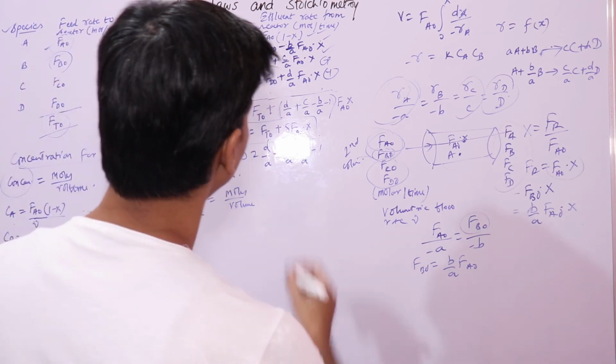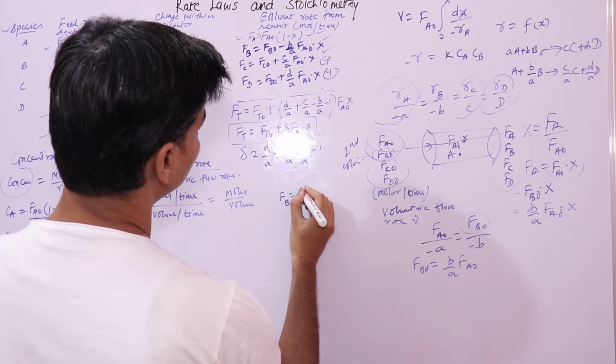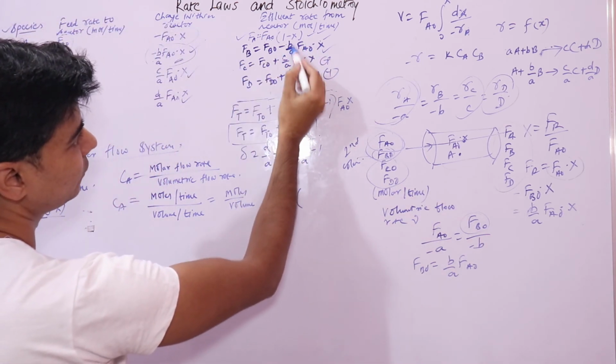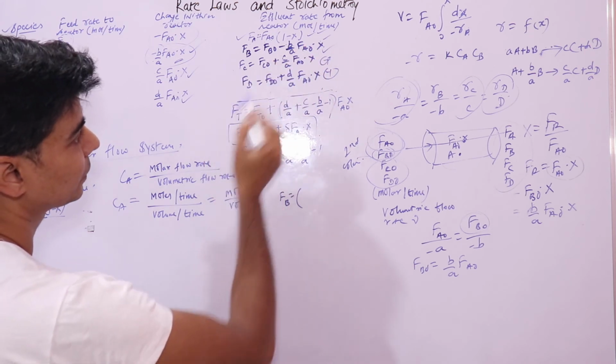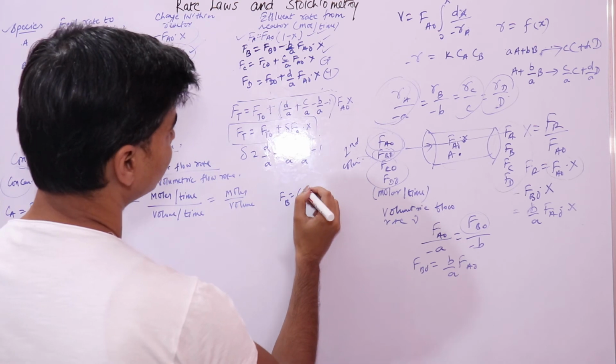So in order to solve this equation further, FB is equal to, in all these three we will take FA0 common so that we can factorize it.